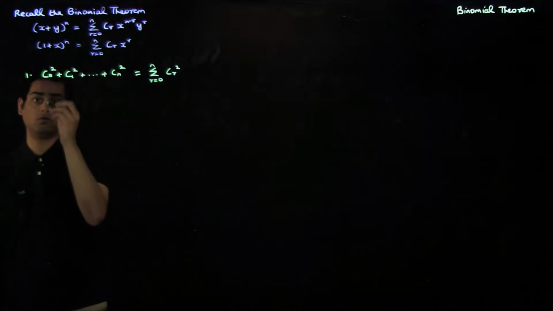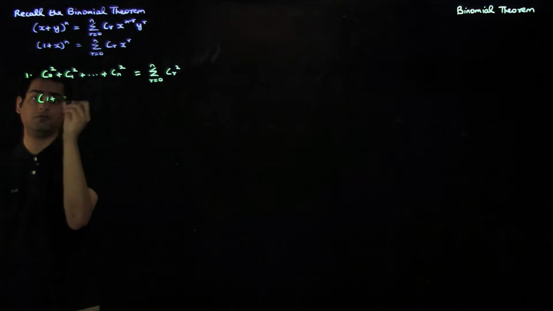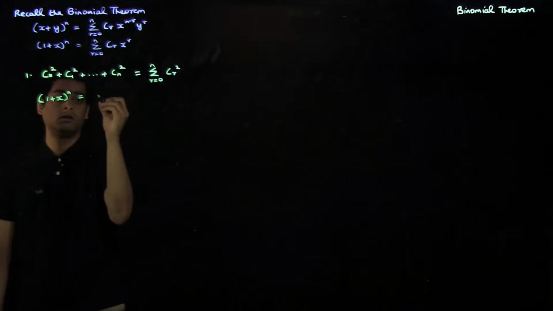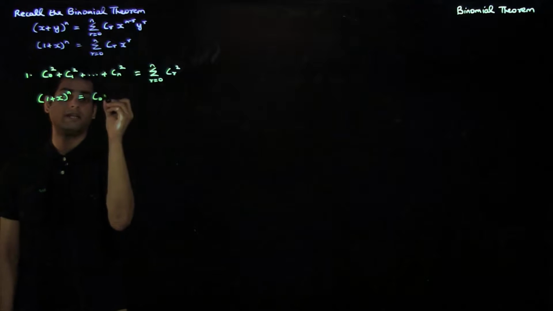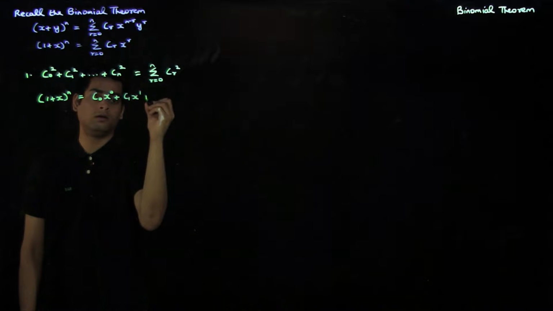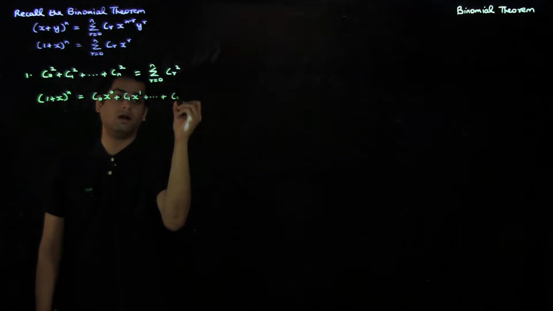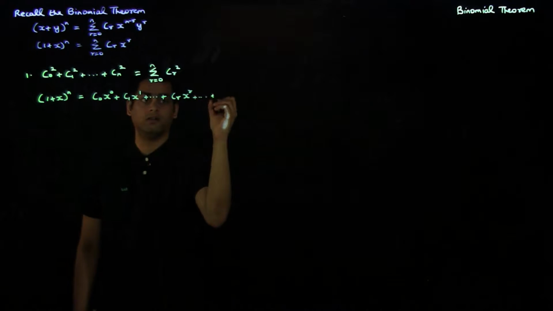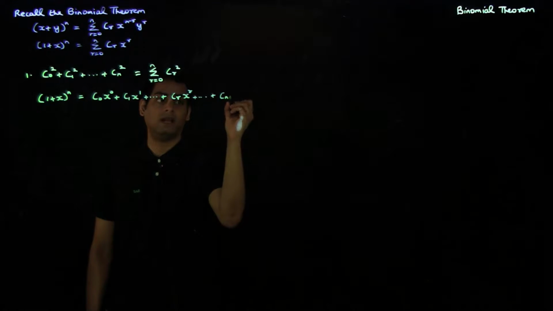So let's write out 1 plus x to the whole power n in more explicit form. So we could write 1 plus x to the whole power n as c0 x power 0 plus c1 x power 1, and so on till cr x power r, and so on till cn x power n.